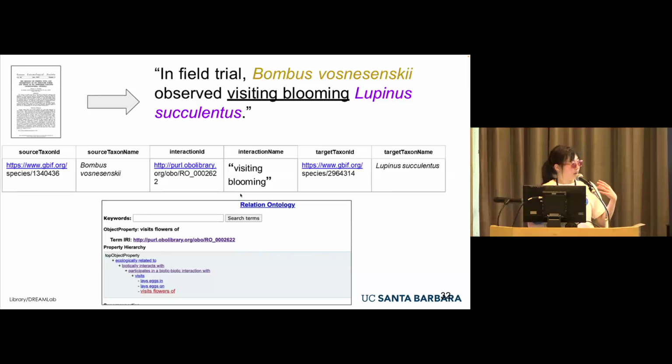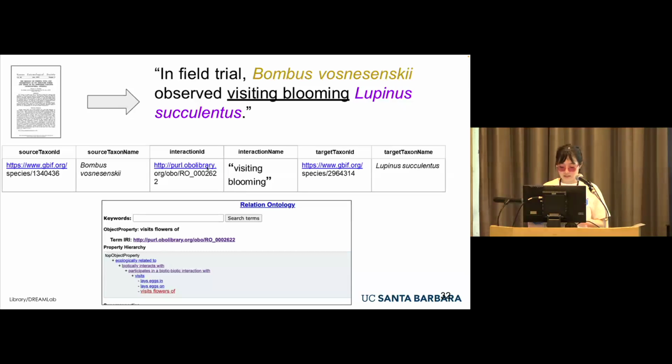This is from a different study we did on them visiting lupins on campus. Here we have the source taxon ID, the taxon name, Bombus bosnicenskii, and the interaction ID from the OBO library. OBO is the ontology database of those specific interactions.